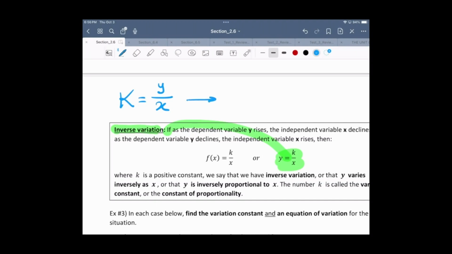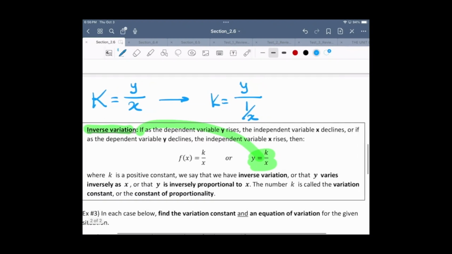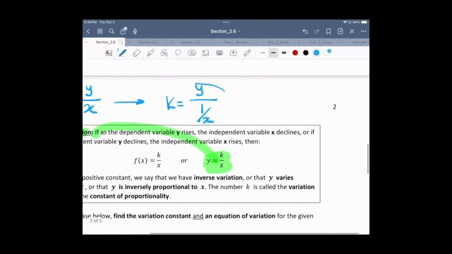So therefore, instead of that, we write k equals y over 1 over x. Okay, that's inverse variation. So now let's manipulate this expression algebraically. What do we get? Well, this is a compound fraction, meaning y divided by 1 is in the numerator, and then 1 over x in the denominator, right?